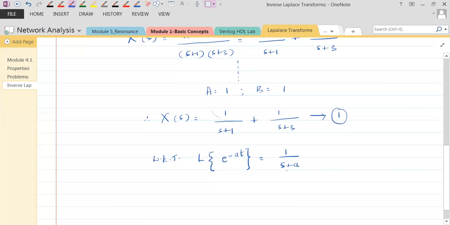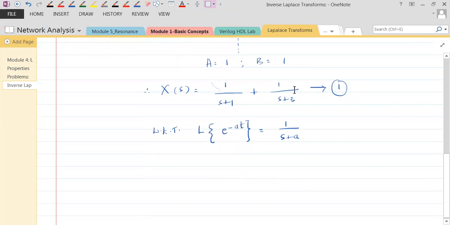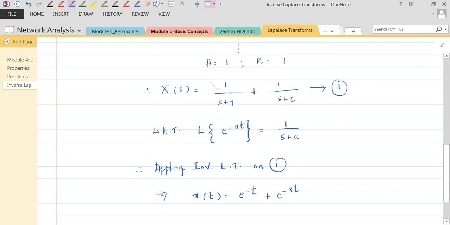So if we apply the inverse Laplace transform on equation 1, we get x of t equal to e power minus t plus e power minus 3t.